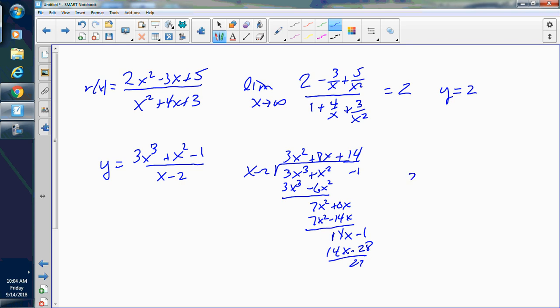So this expression is equal to 3x squared plus 8x plus 14 plus the remainder of 27 over x minus 2.